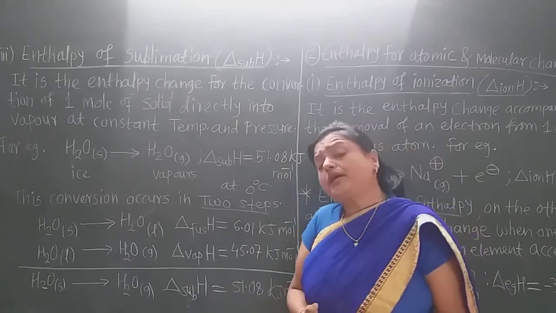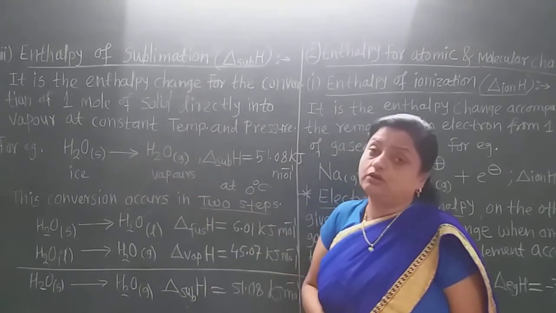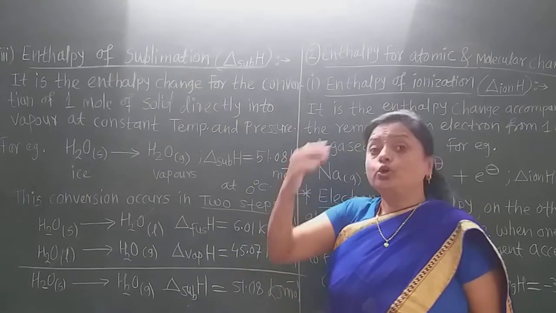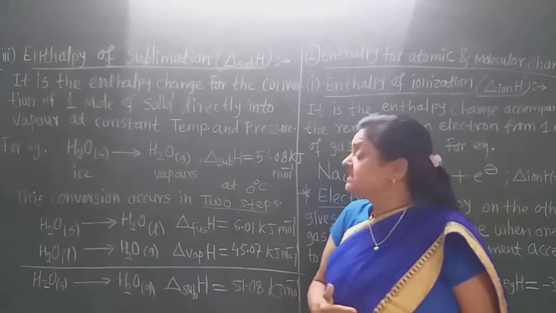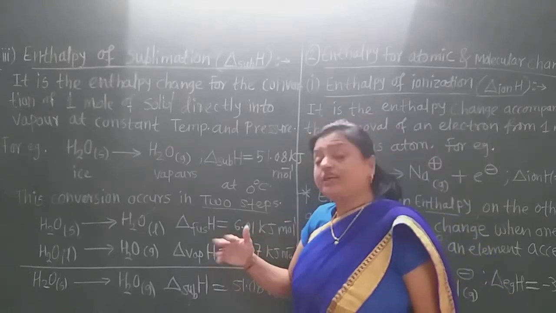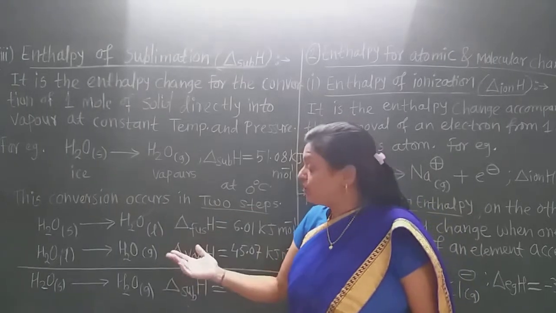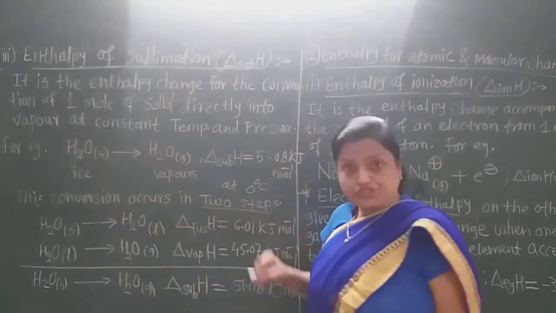But we know, students, this process, the ice changing into vapor, can be carried out in 2 steps. The first step is when solid ice converts into liquid water, and the second step is when liquid water converts into water vapor. Therefore the conversion occurs in 2 steps.